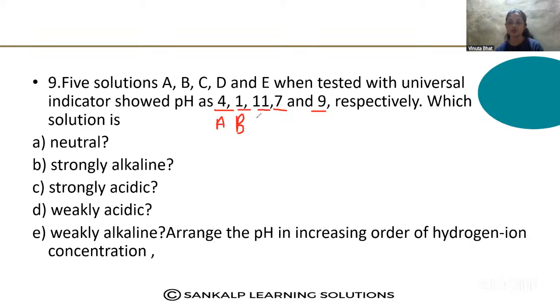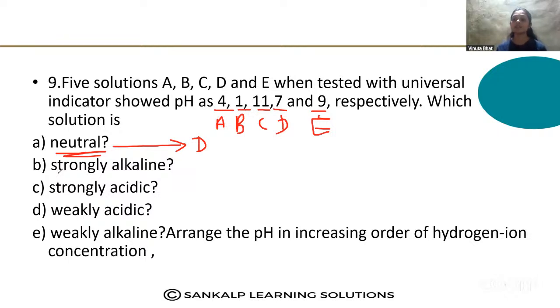The C solution is showing pH 11. And D and E, the pH is 7 and 9. Which solution is neutral here? The solution which has pH 7 is the neutral solution, that is D. D is neutral. And strongly alkaline means which is more than 7.